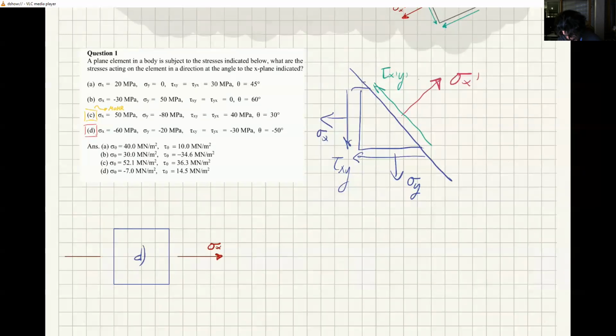Sorry, it's minus 60, so it's in the opposite direction. Minus 60, which of course must be balanced on the other side. Sigma y is also negative, minus 20. We call this sigma y.